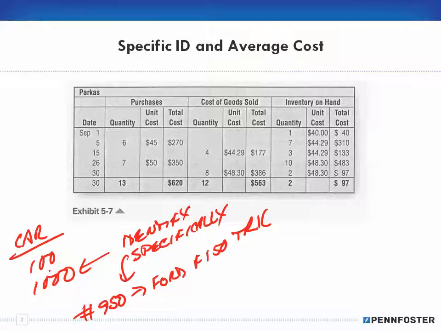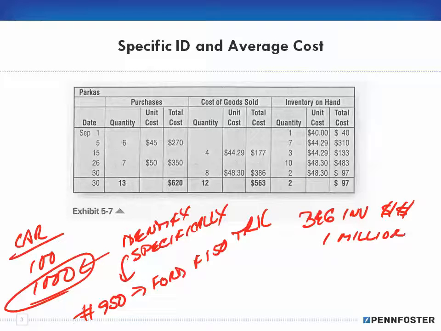So when it comes to specific identification, we start out with a beginning inventory of whatever that dollar value amount is, which is the total value of those 1,000 cars. Let's just say that happens to be $1 million.